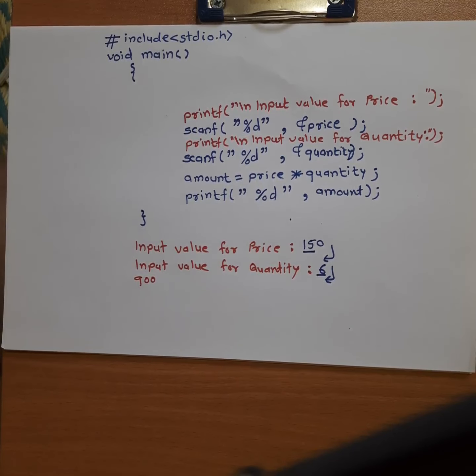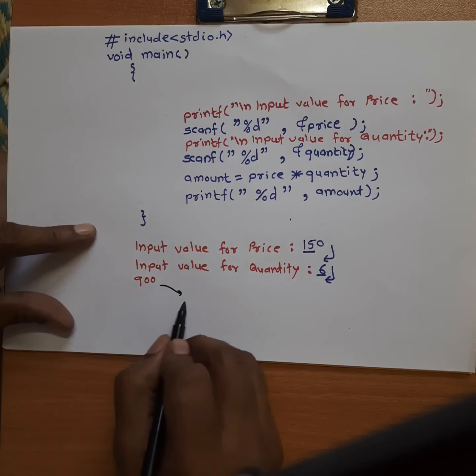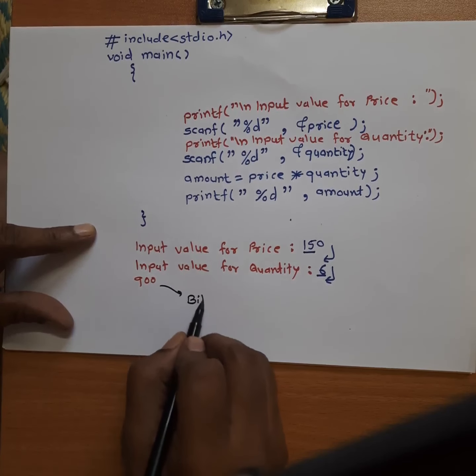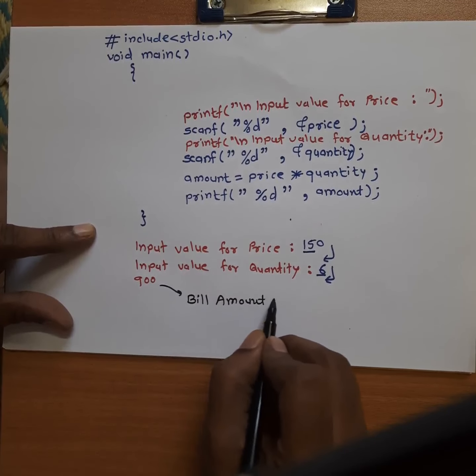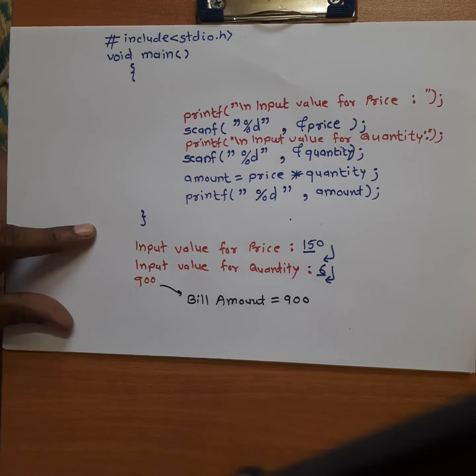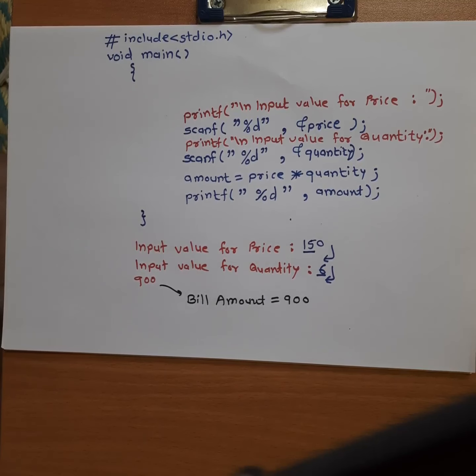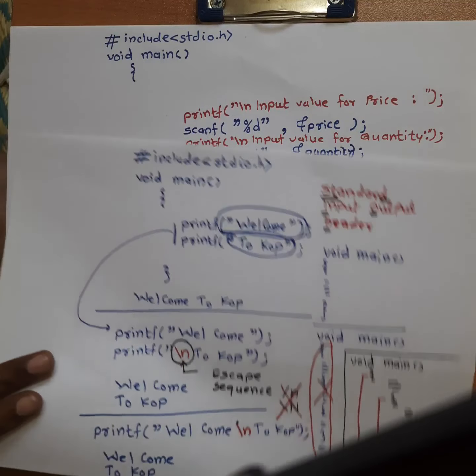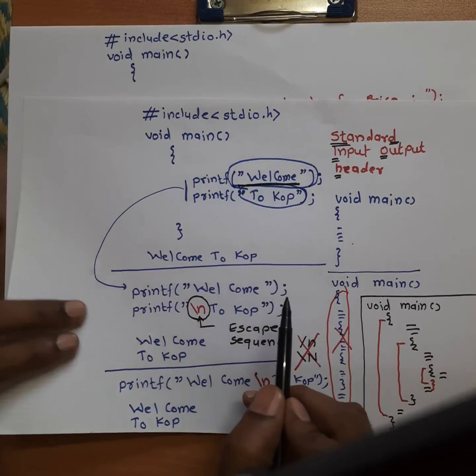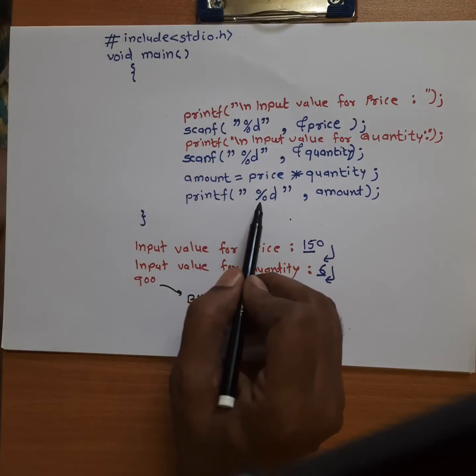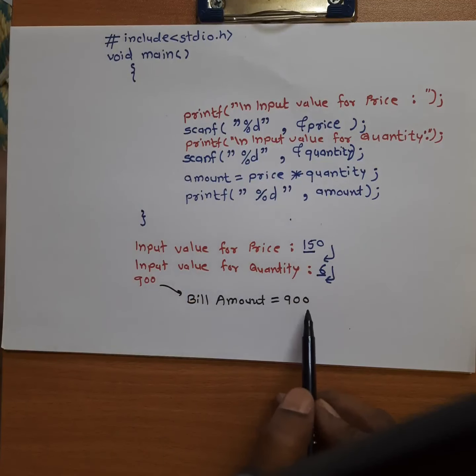Okay. Now if you want to display this 900 as bill amount equal to 900, then we have to take help of the previous printf statement, which is used to display your message, and this printf statement which is used to display the value of amount.